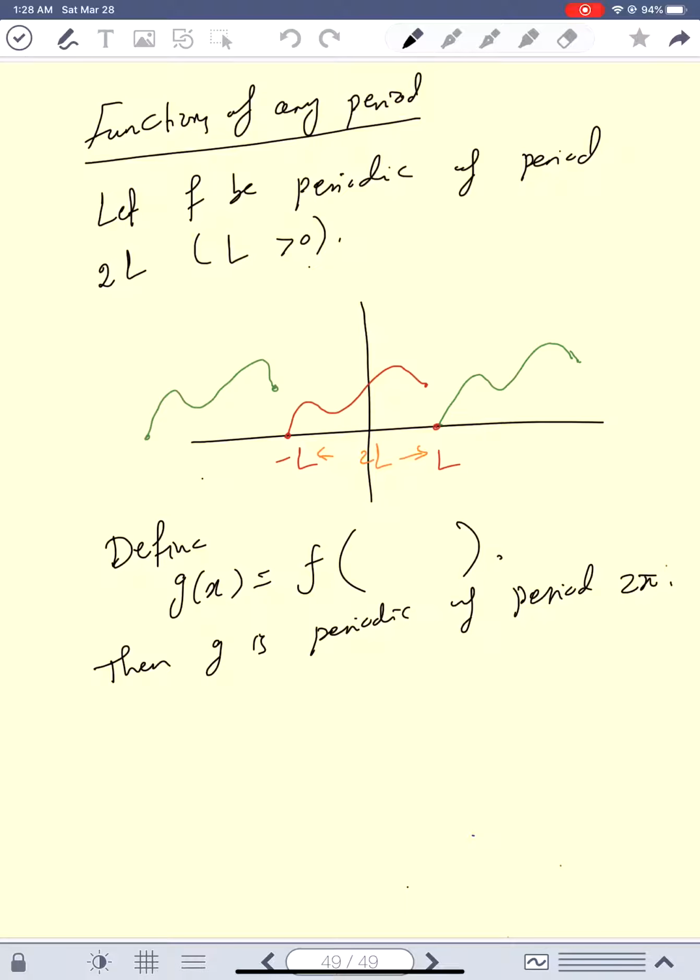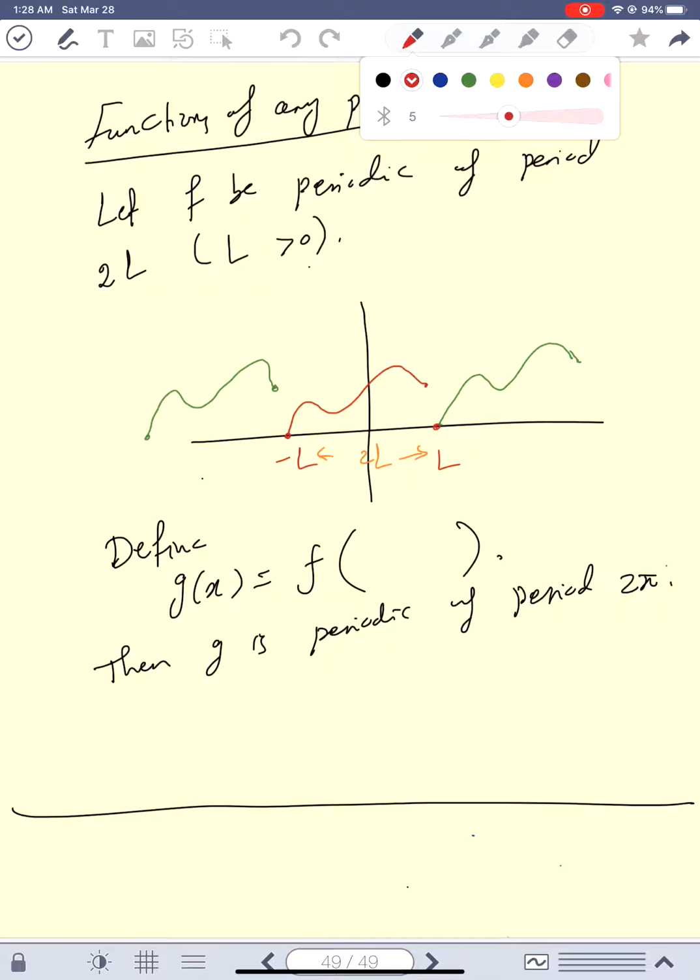So now I want you to tell me what we should write inside f so that the new function has period 2 pi. To guide you through the idea, remember we had one property here, just to remind you, if f has period 2l. Remember, we had some property, for example, just to show you what happens in general.